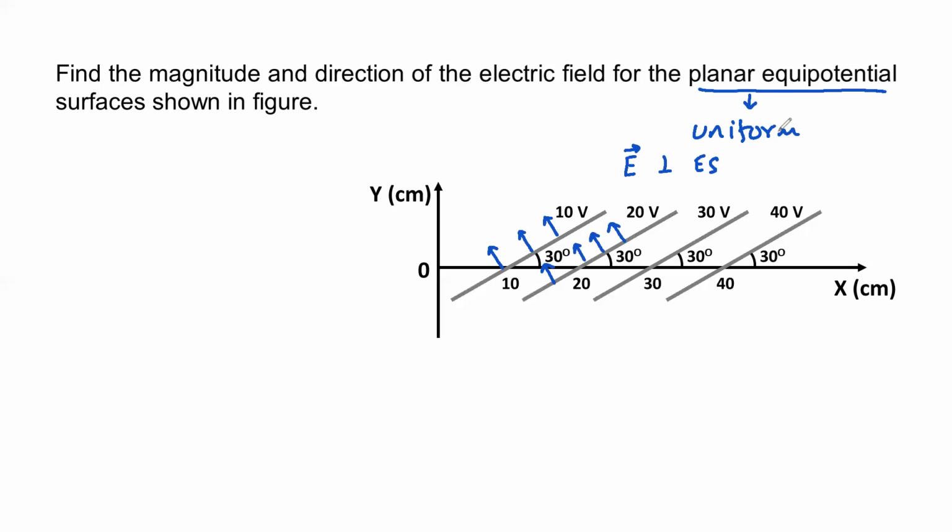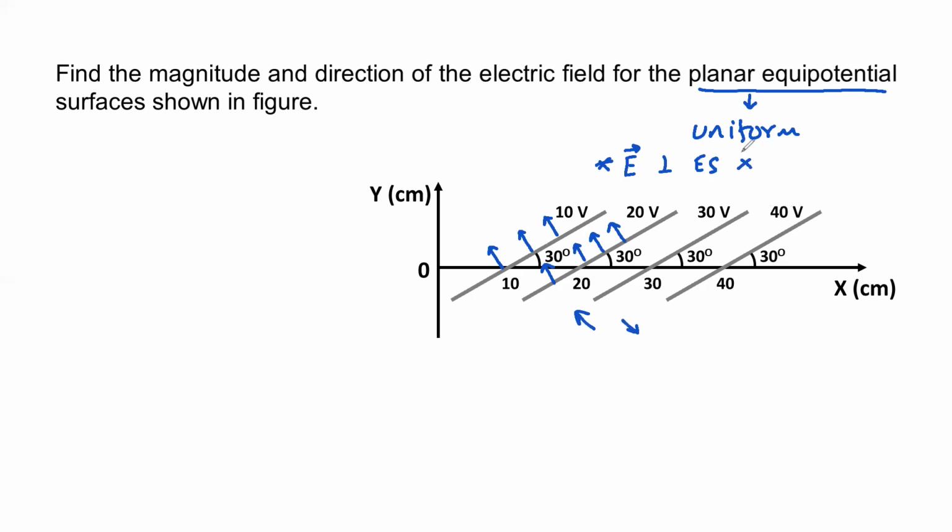So let's calculate the electric field here. Now the idea is, how do we know the direction of the field? So we got the idea that it is perpendicular. Now what is the direction? It could be along this direction or along this direction. To answer that question, we just need to look at the potentials.